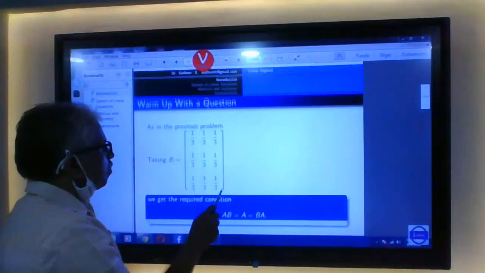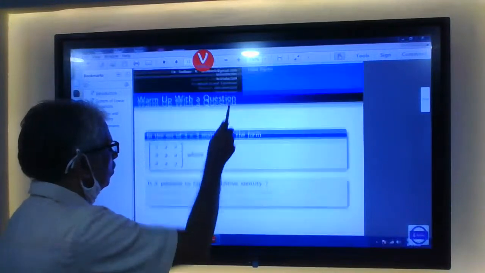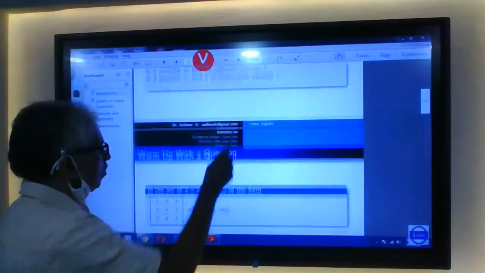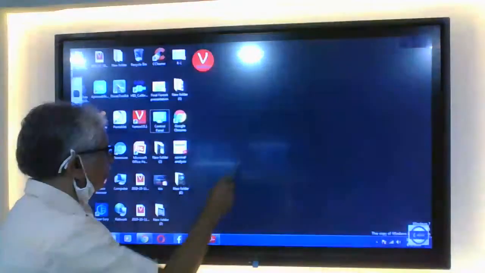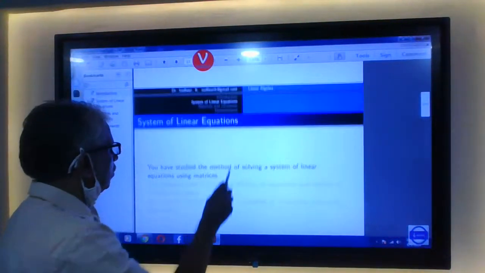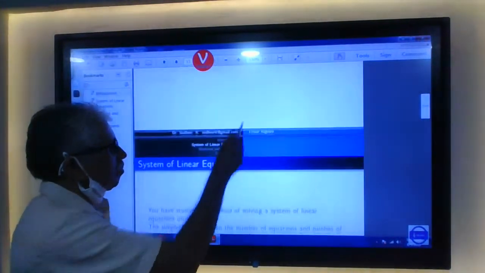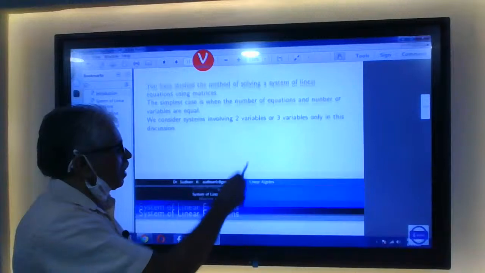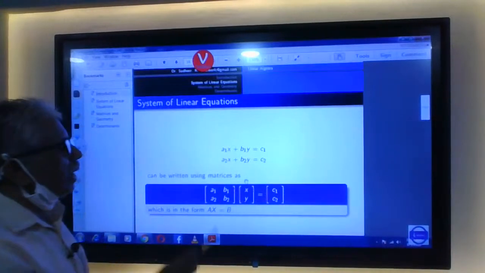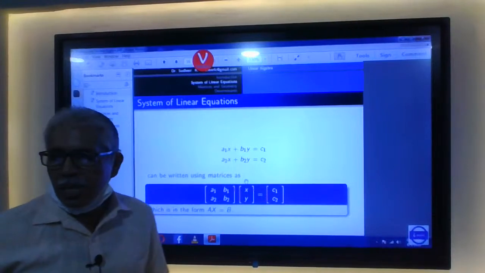a1 x plus b1 y equal to c1, a2 x plus b2 y equal to c2.